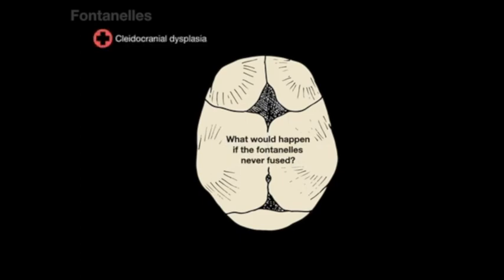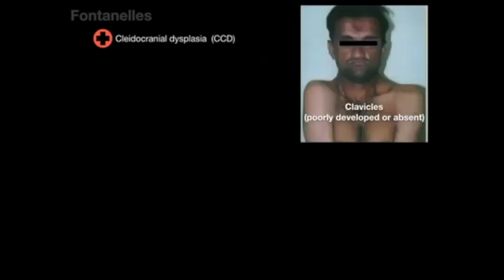You can get a condition called cleidocranial dysplasia, or CCD. So cleido means clavicle, because in this condition, individuals who have CCD have either poorly developed or completely absent clavicles, which is why this individual can push his shoulders in so close.